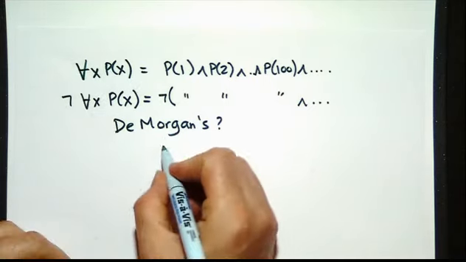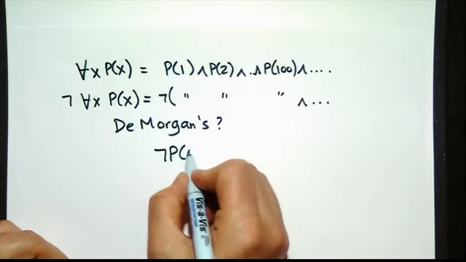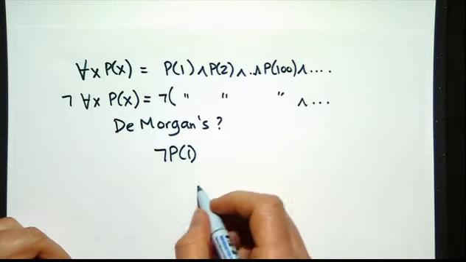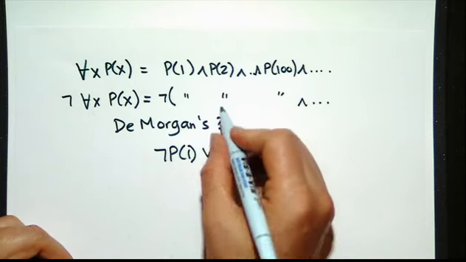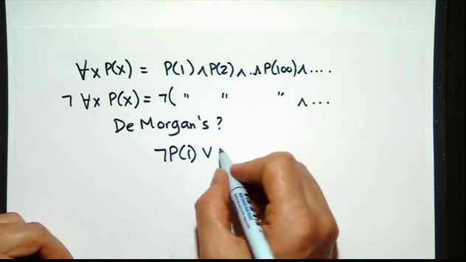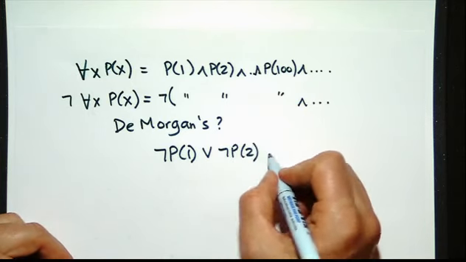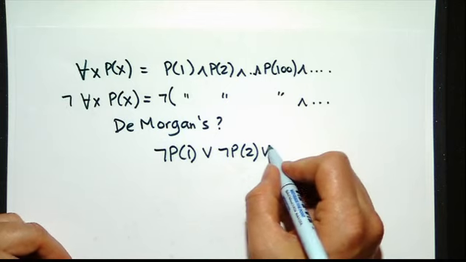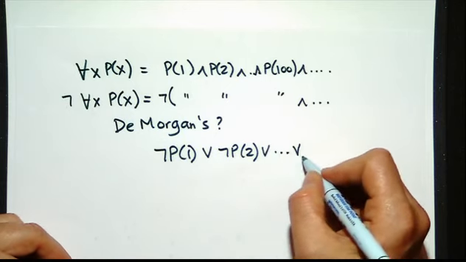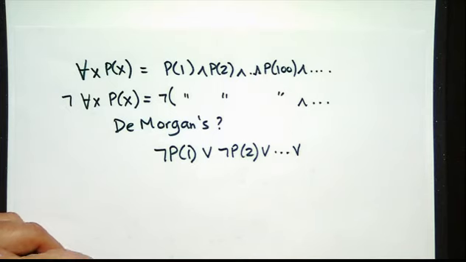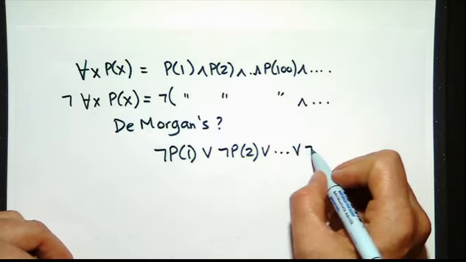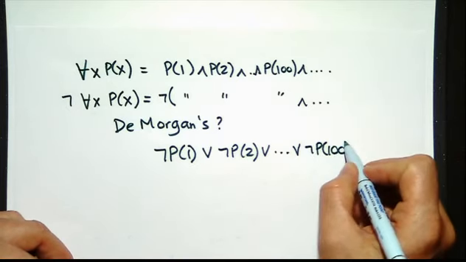Well, let's just write it down with the shorthand. Not P of 1, and then what? Or, what do I do with P of 2? Not P of 2. What's the operator? Or, dot, dot, dot. All the operators become ors, and then all the P's get negated.